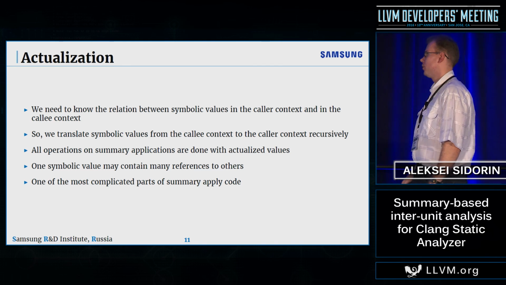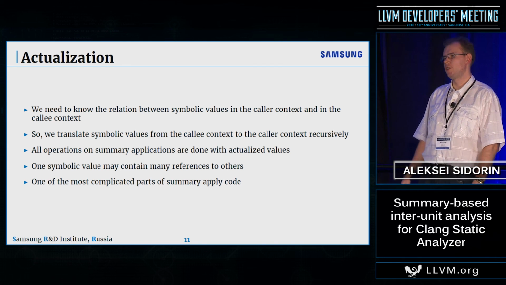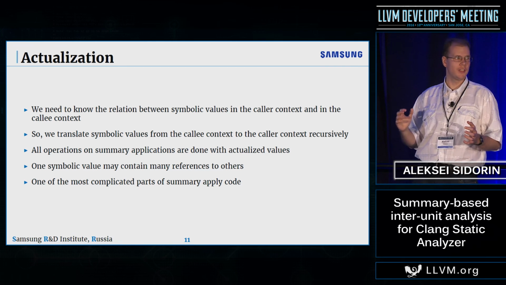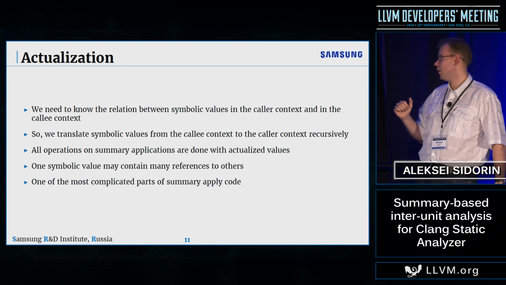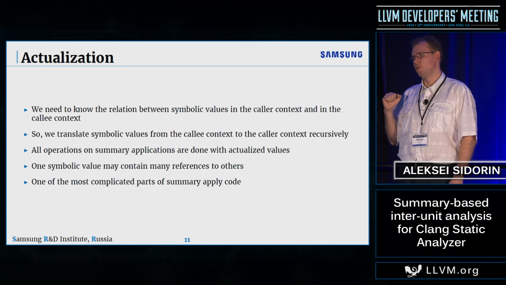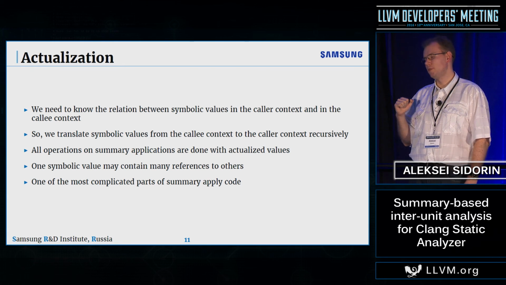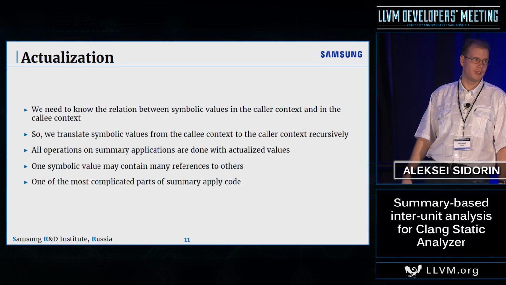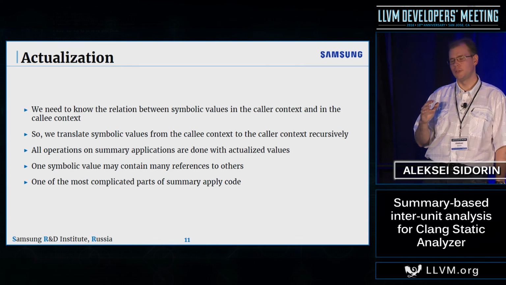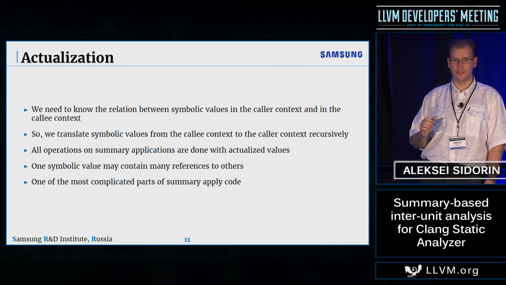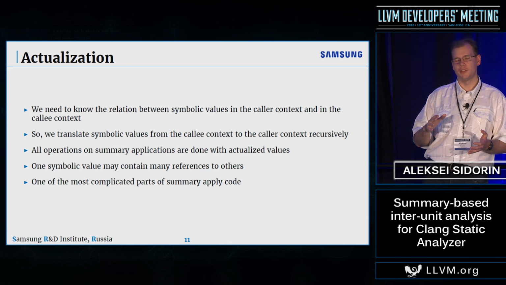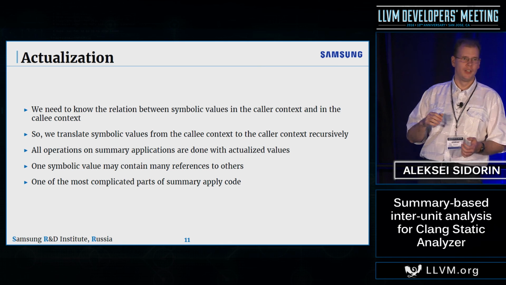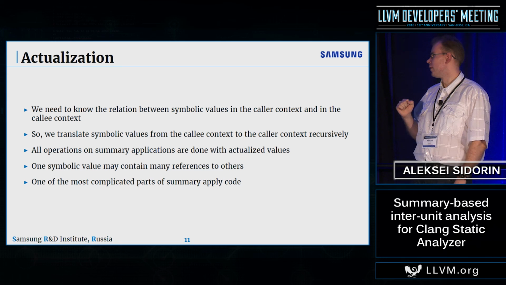The actualization process needs to establish the relation between symbolic values in the callee context and in the caller context. To perform such mapping, we extensively use the fact that analyzer symbolic values are pretty self-explanatory. For example, if I have a var region, we already know that this is a memory region corresponding to a variable with a given declaration, and so on.